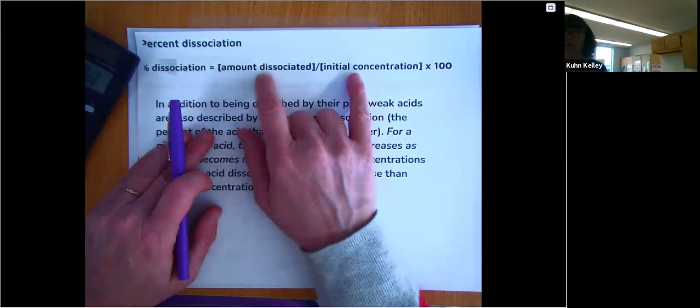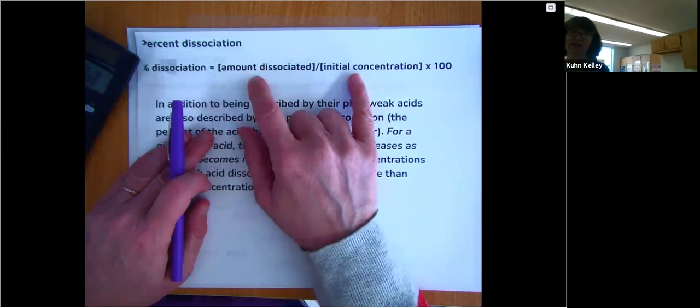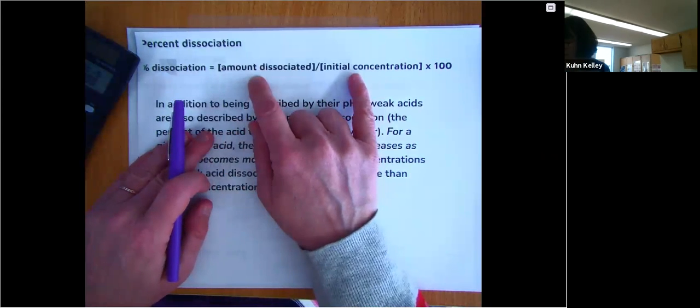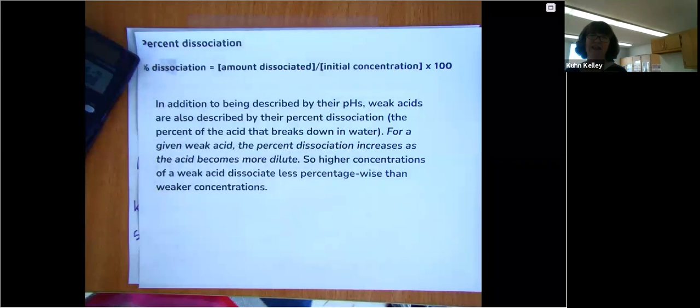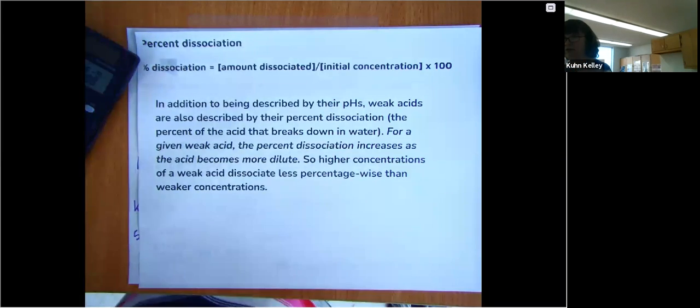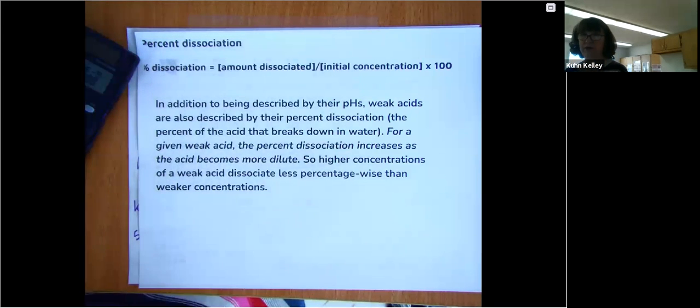Now, what this actually looks like is the 5% test. So it does become easy. And one thing that is really interesting about weak acids is the lower their concentration, the more they dissociate. So a higher concentration of a weak acid would dissociate less. A lower concentration will dissociate more. And in part, that's how they reach their equilibrium.